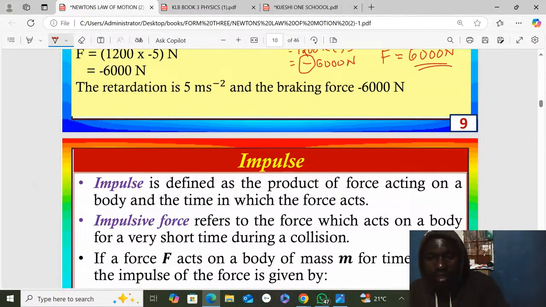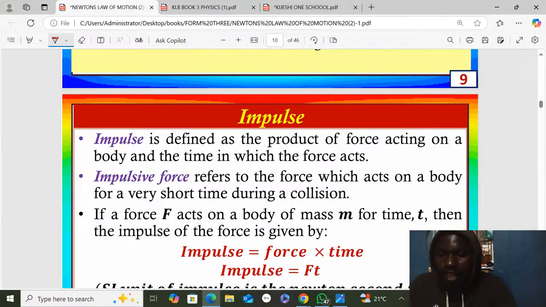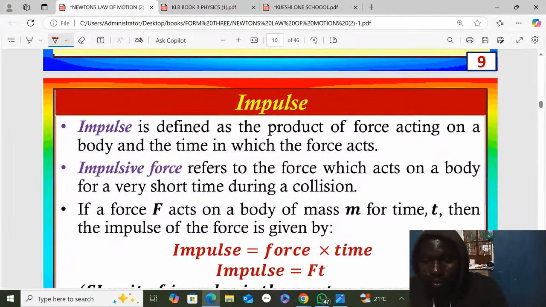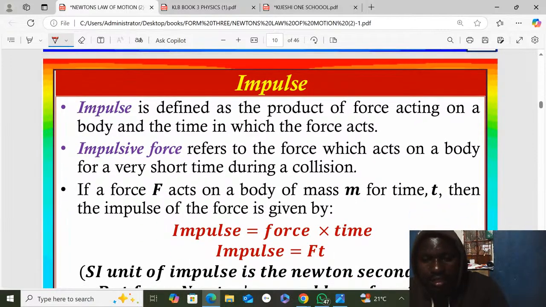Now let's look at impulse in detail. Impulse is defined as the product of force acting on a body and the time in which the force acts. Should we say impulse is an impact that occurs within a very short time? It will still be okay.